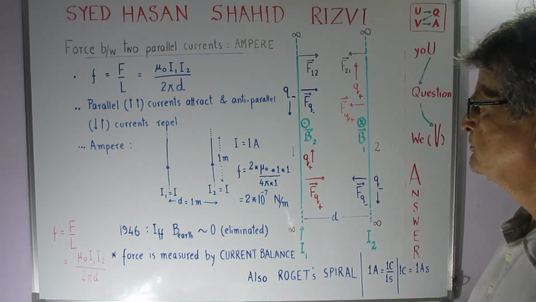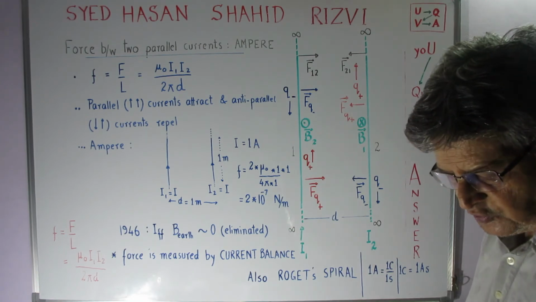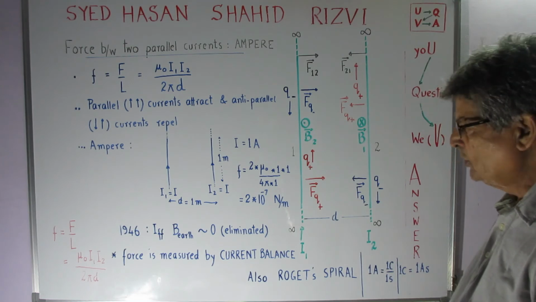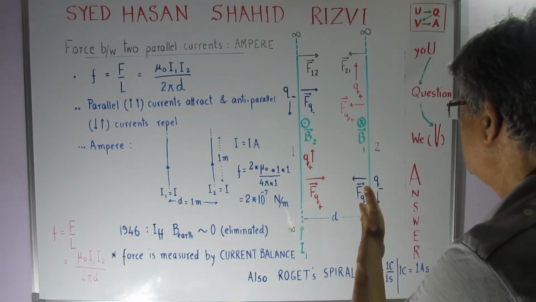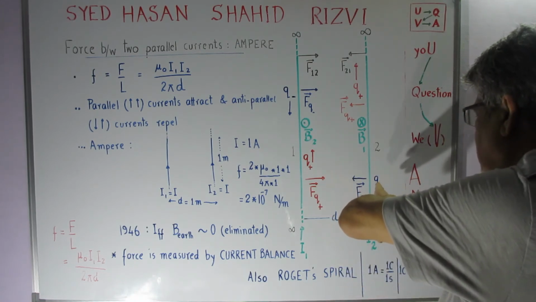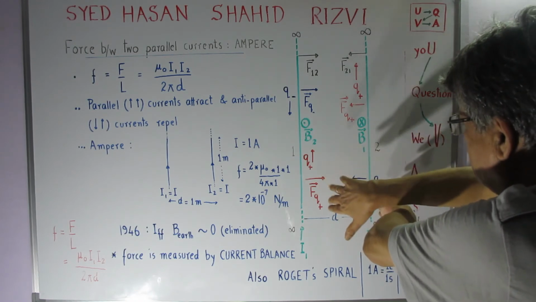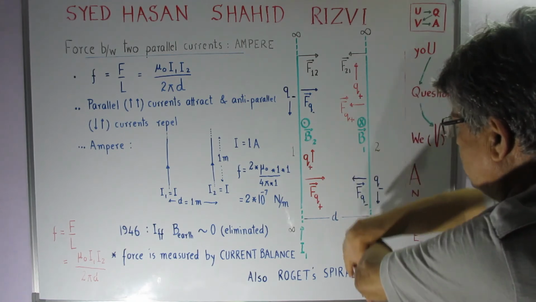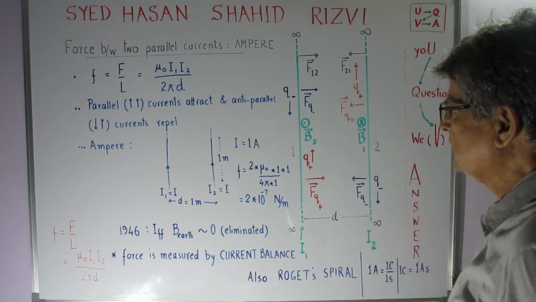Once again, I emphasize that you use the palm rules. Here, for example, I can say that the negative charge which is moving like this, and the negative charge over here which is moving like this, they are like this and towards each other. The open palms are towards each other.